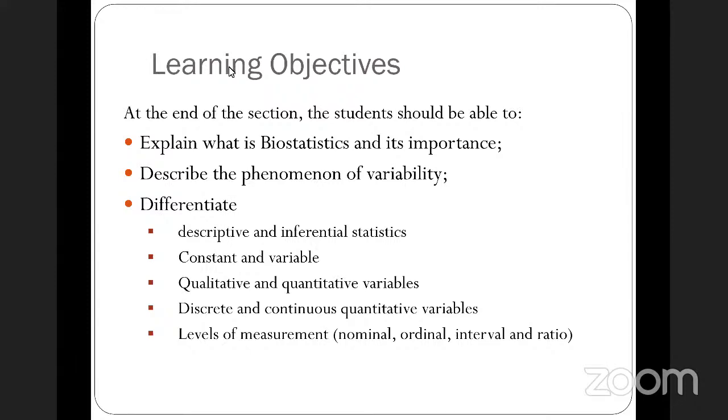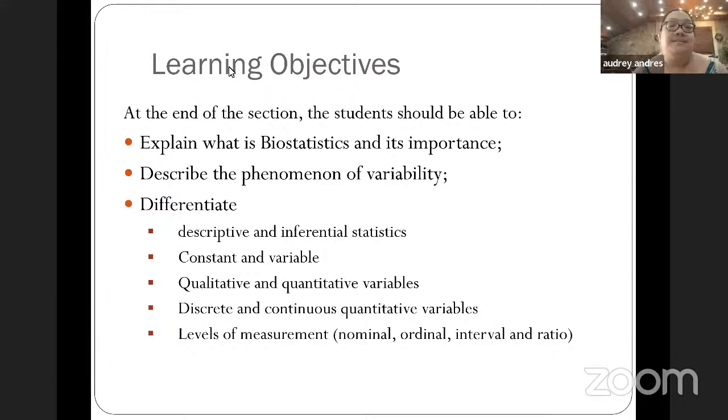Differentiate descriptive and inferential statistics, constant and variables. What are qualitative and quantitative variables? What are discrete and continuous quantitative variables? And levels of measurement, either nominal, ordinal, interval, and ratio.